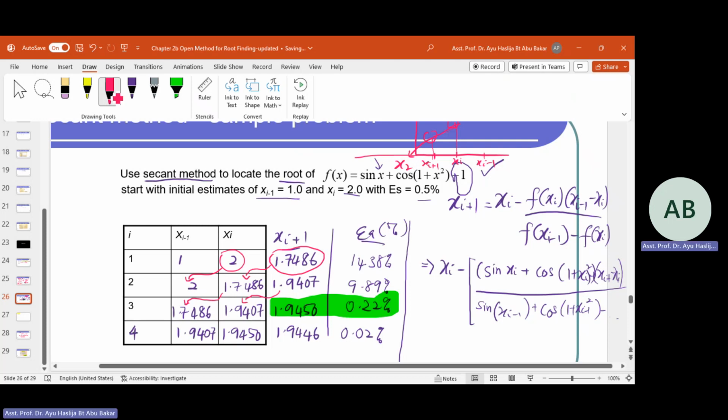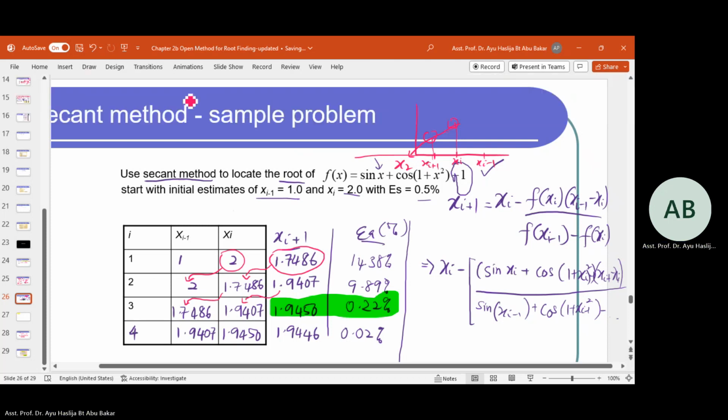You get the EA, correct? Okay, for the first iteration, how I get 14.38 is by using xi plus 1 minus xi. This is the previous value. Xi plus 1 is current. Xi is previous. Xi plus 1 is the new value that you calculated from the previous value.